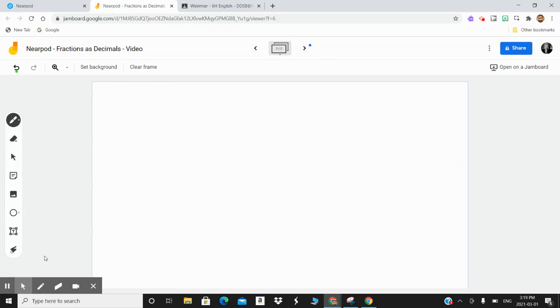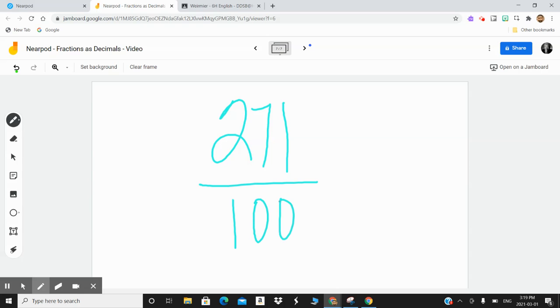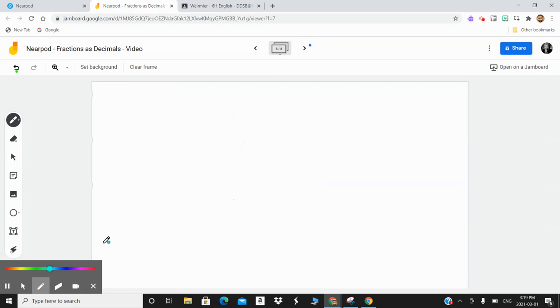Here we go. So you're going to select the correct decimal in the question in just a moment. That's coming up on your Nearpod. So I'm going to write the fraction, and you are going to select the correct decimal when you're ready. All right, let's do another one. Here is my fraction.